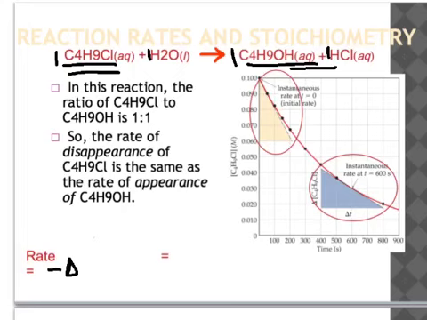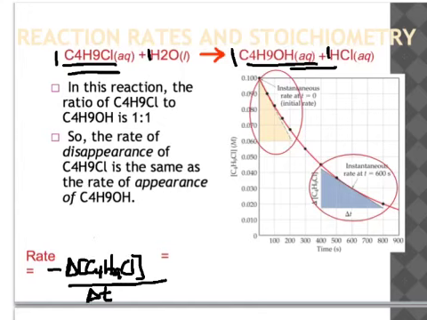So the negative change in the concentration of the butyl chloride over the change in time. That's going to show us the rate of the disappearance of the butyl chloride.